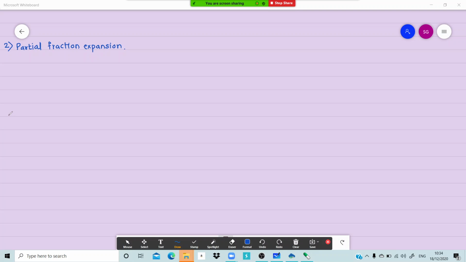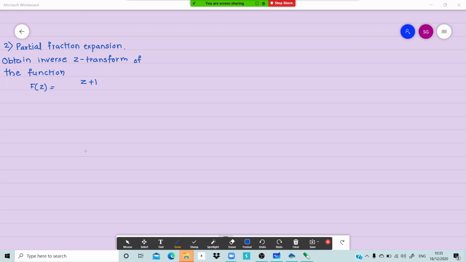Okay, so the question is obtain the inverse z transform of the function f of z is equal to z plus 1.